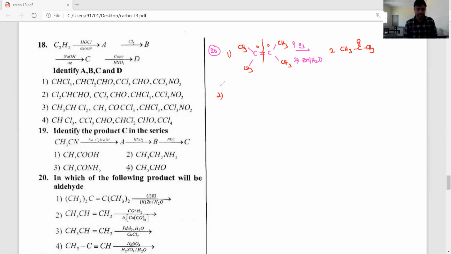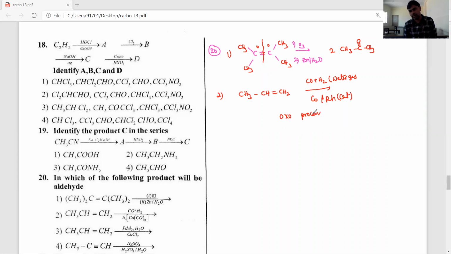Now the second option, let's see. This is CH3-CH=CH2 treated with CO plus H2. CO plus H2 is known as water gas. In the presence of a cobalt complex or rhodium carbonyl catalyst, this is nothing but the oxo process.